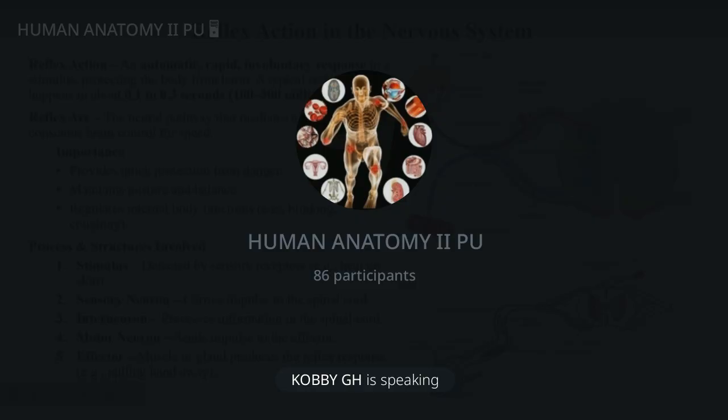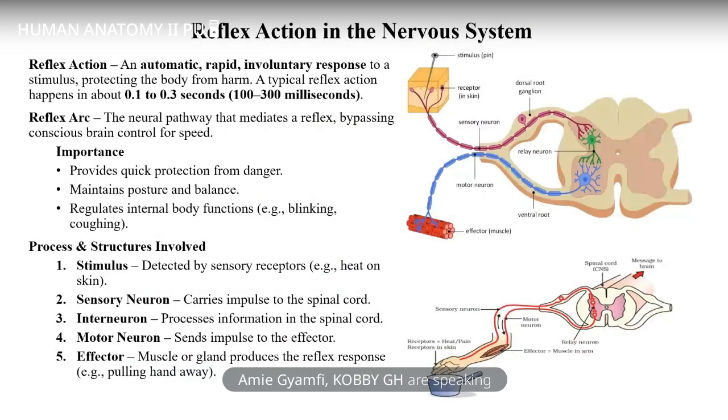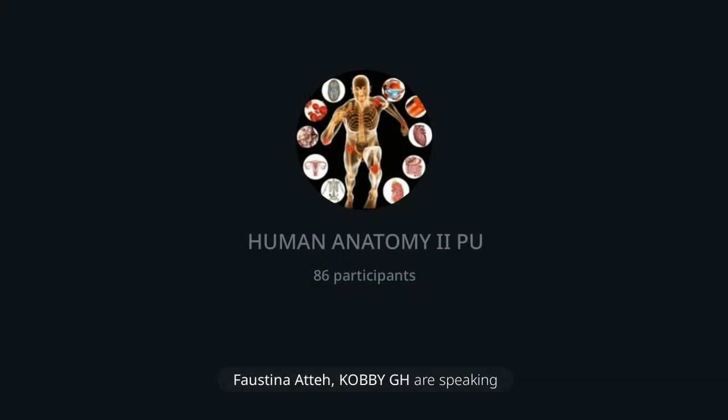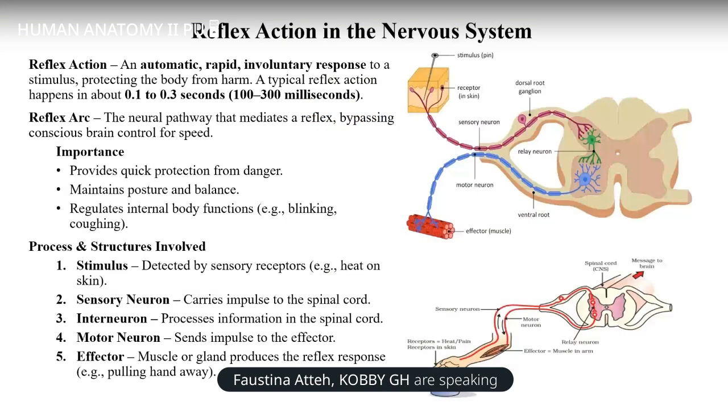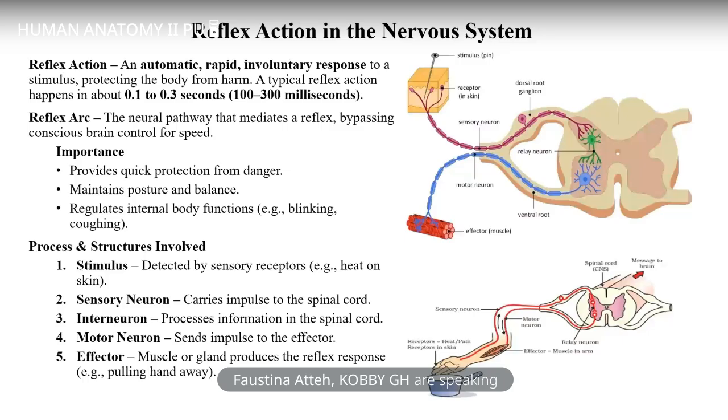So this is what we call the reflex action in the nervous system. This system is very important because it helps to protect your body from danger. It also helps you to maintain posture and balance. And it also helps to regulate some body activities like blinking of your eye and coughing.